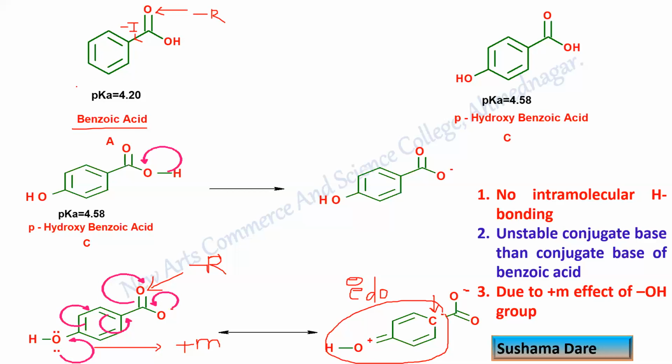As there is no substituent on the aromatic ring which can donate electron density, this ring shows minus I effect. Because of that, minus I effect stabilizes the conjugate base. Hence, the conjugate base of benzoic acid is more stable as compared to the conjugate base of para-hydroxybenzoic acid.